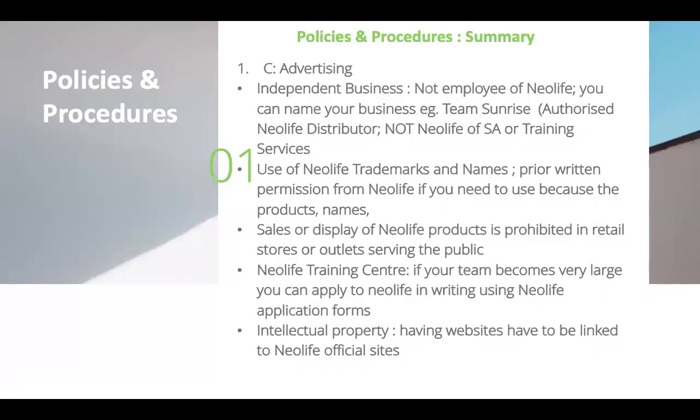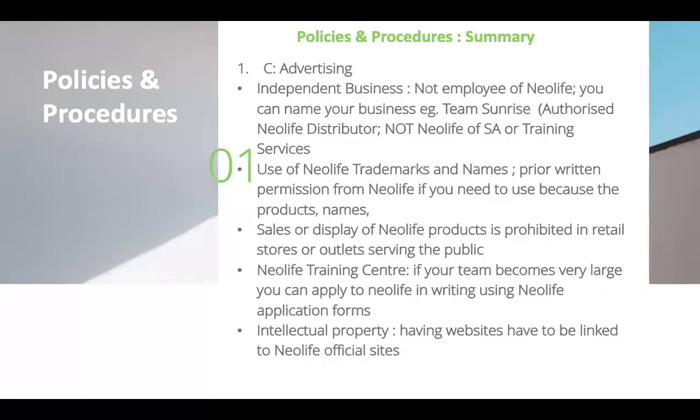No, Neolife is a trademark for the company. We take advantage of it, but we cannot appropriate it to ourselves. Okay, so it's very important for you to always separate you as an independent distributor and the company as a corporation, which has rights and obligations.